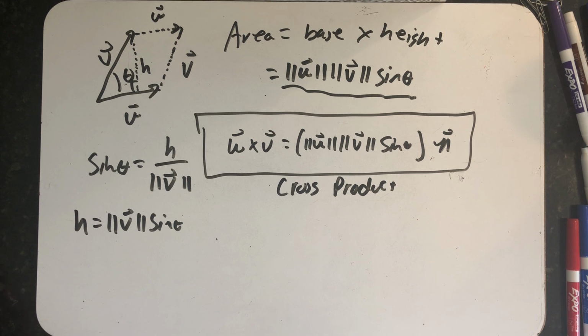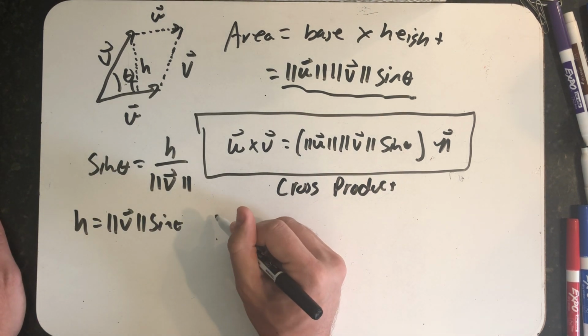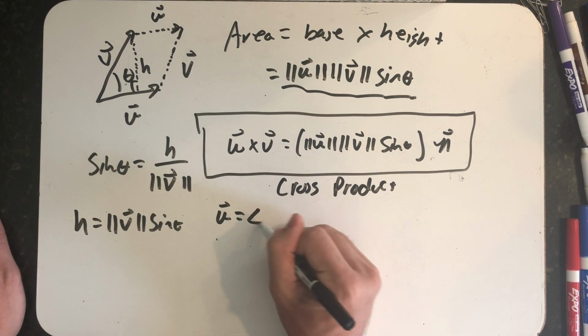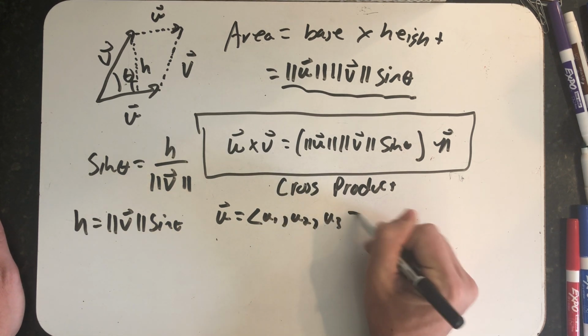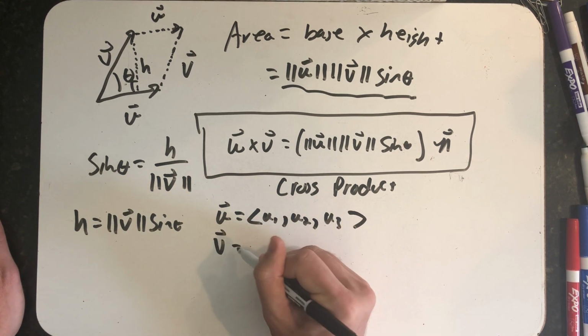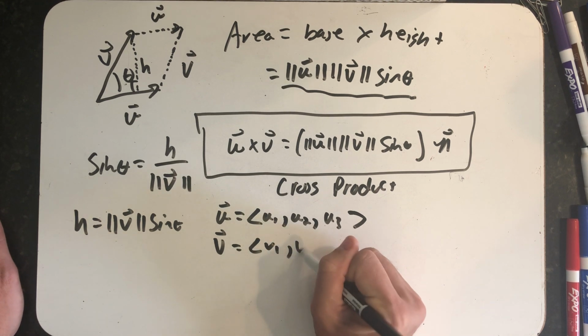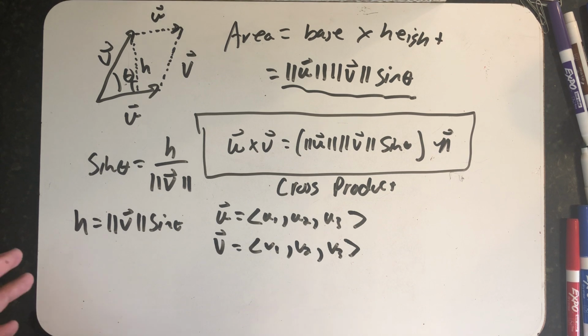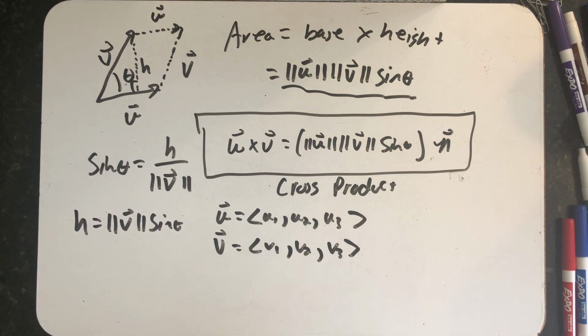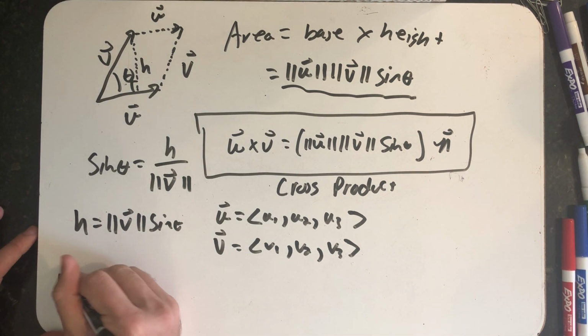So, if I have two vectors, U, which is U1, U2, and U3, and V, that is V1, V2, and V3, it would be nice to have a formula to calculate the cross product. And this is that formula.